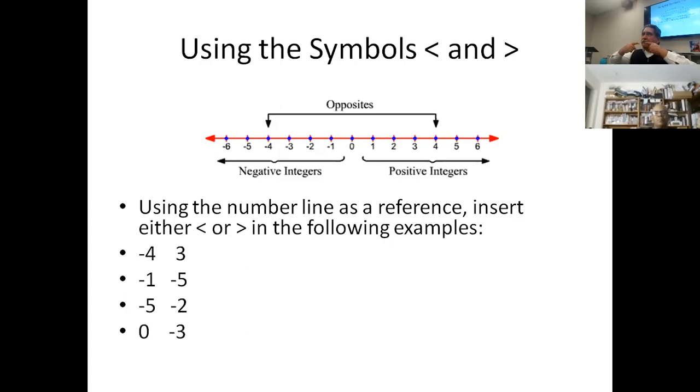So in BC, just like the integers, 0 is the origin, birth of Christ, okay? As we move forward in BC, the years become less. Agree? So in the same way, if you have -1 and -5, look at the number line. -5 is here. -1 is here.